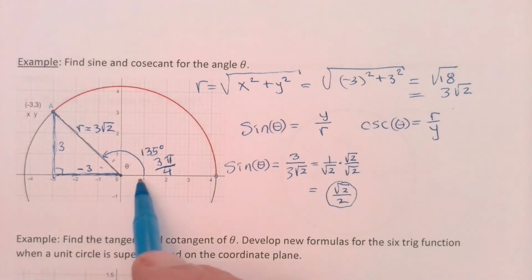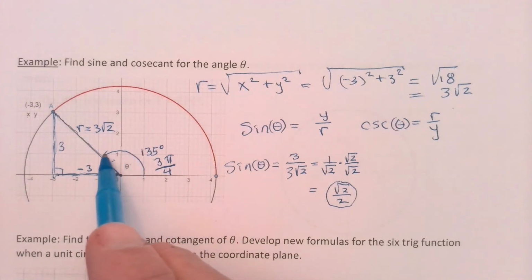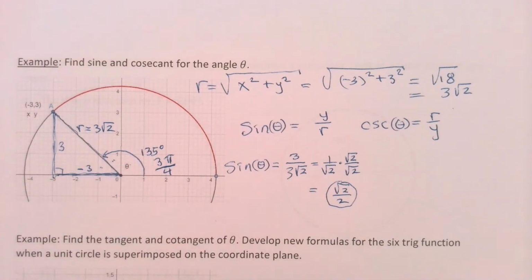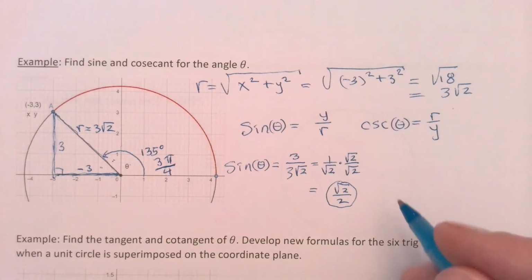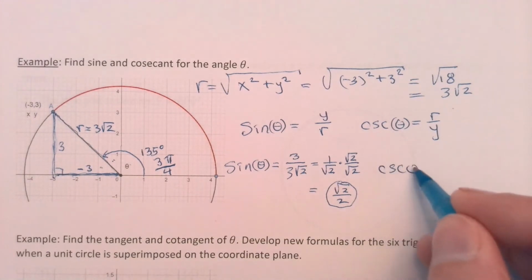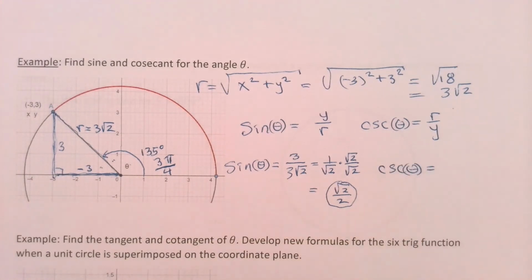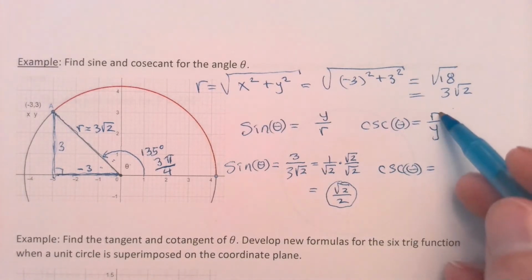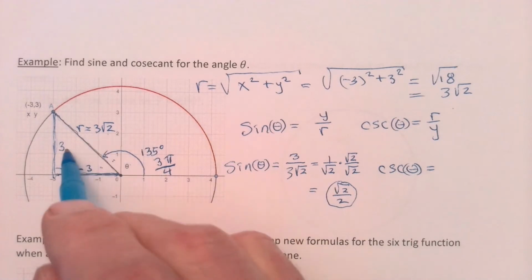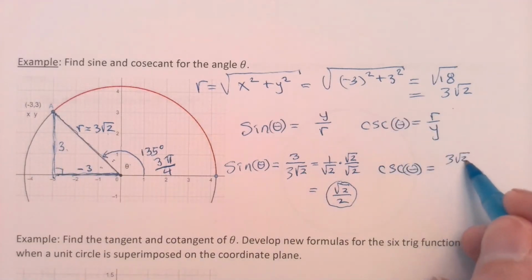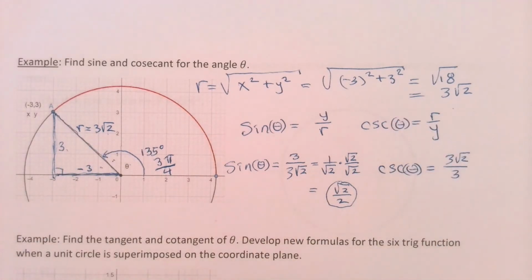Your cosine for this 3 pi over 4 angle is negative root 2 over 2. Now what about the cosecant? I think that one's a little bit easier because you don't have to rationalize the denominator. Cosecant is r over y. That's 3 root 2 divided by 3. And cancel the 3's. And you'll get root 2.